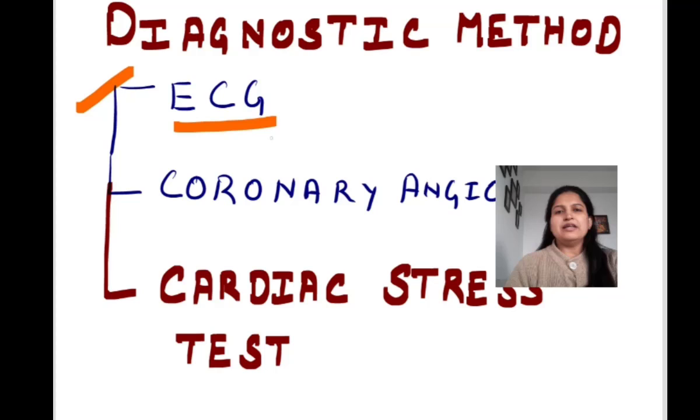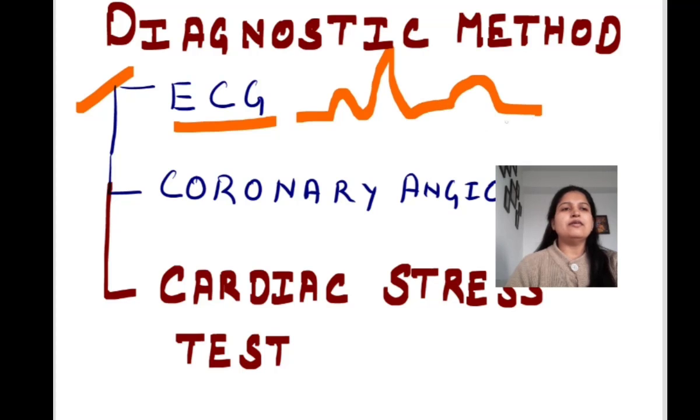ECG is nothing but an electrocardiogram, and through this instrument we can see our heart rhythms like the P wave, then Q, R, S, T, and then this normal cardiac rhythm goes on. ECG can detect coronary artery disease, because a symptom of coronary artery disease is arrhythmic heartbeat, so it will be detected in the ECG.